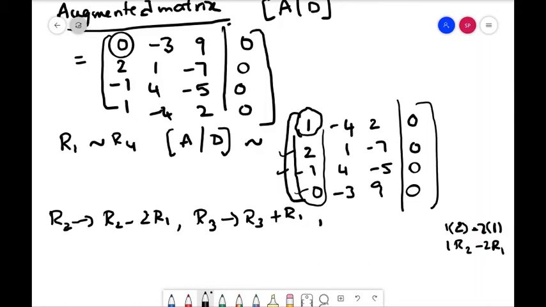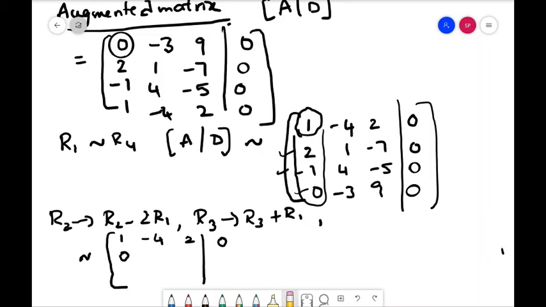So this matrix is transformed to, if you apply all this, 1, minus 4, 2, 0, and then 2 minus 2, this is 0, and then 2 times, 1 minus 2 into minus 4.